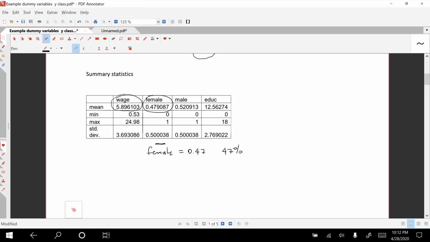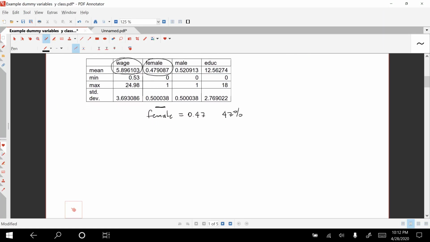So that means that 47% of individuals in the sample are females. Okay, so very intuitive.